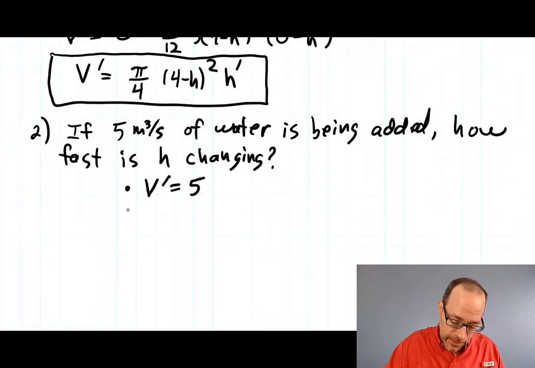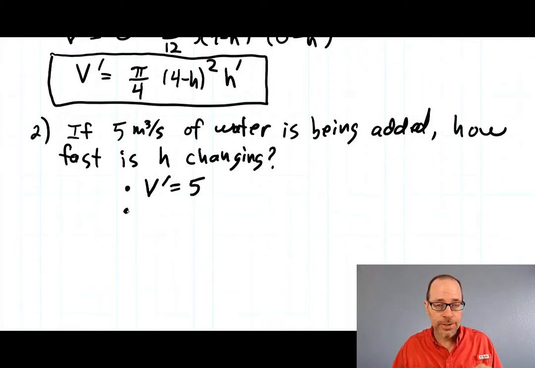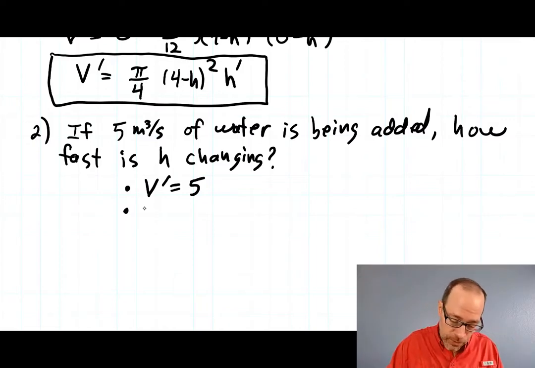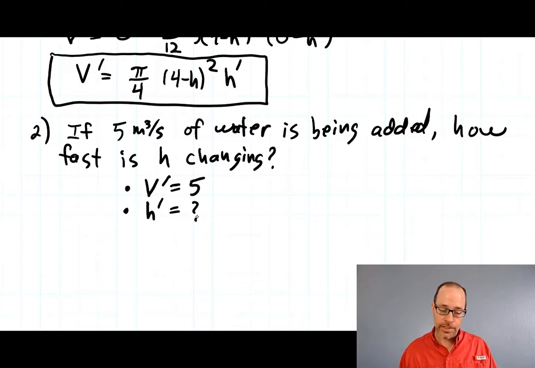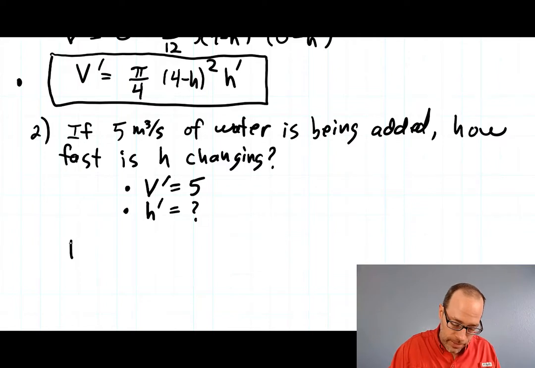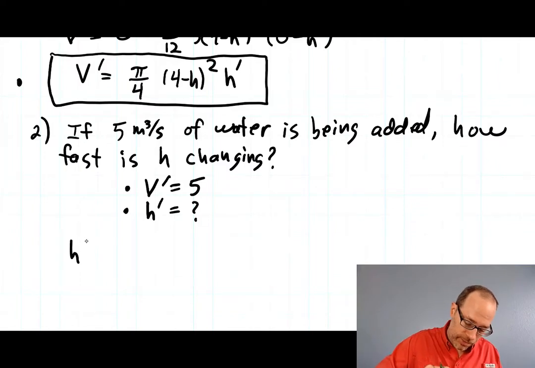And then the second thing they're asking is how fast is H changing? That's a rate of change. In other words, they're just asking you for the derivative. So that's what the question is. And we can easily solve that using this equation up here. Let's plug in first.